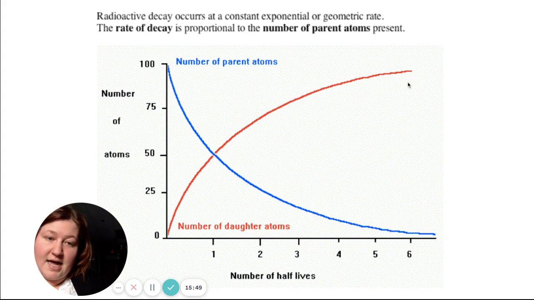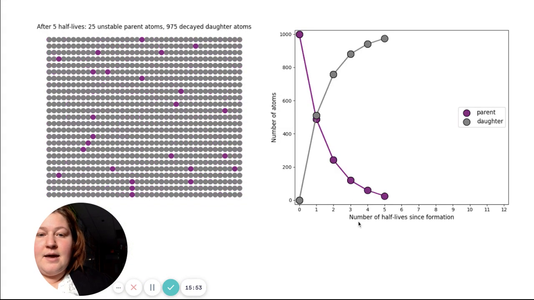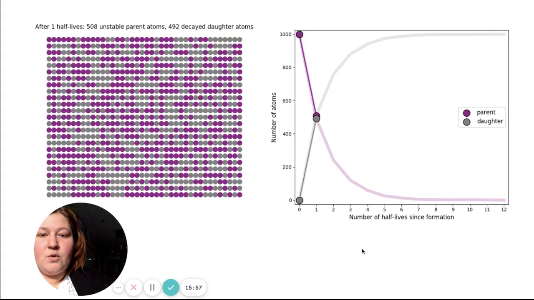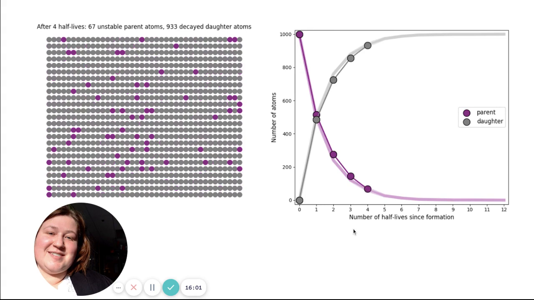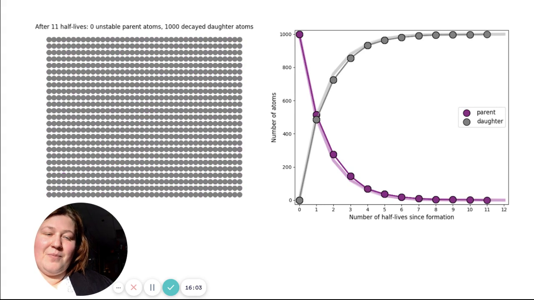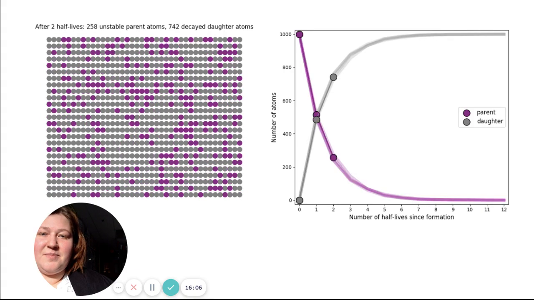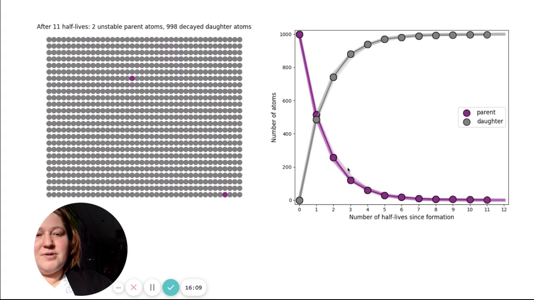And then after that, we're going to have more of that daughter material and less of that parent material. Ooh, I like this GIF. I forgot I had this. This just kind of shows that pattern of over time we have more of the daughter material, less of the parent material, because we keep cutting that original material in half and half over and over again.